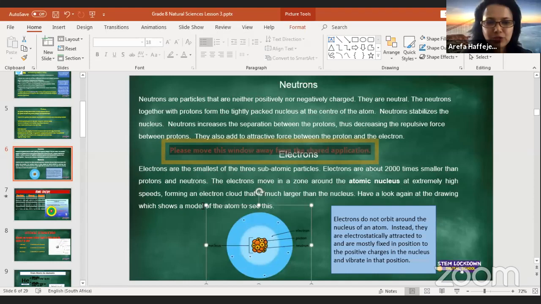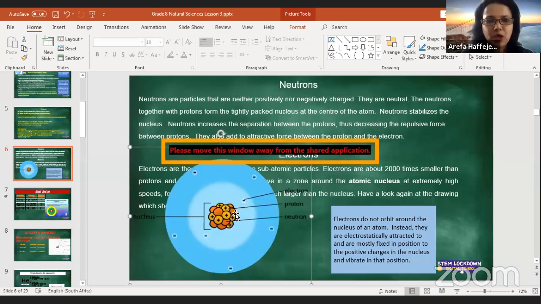So just to illustrate what this means, these neutrons with the protons are together, like how we saw in a solid in yesterday's lesson, where the particles of a solid were tightly packed together.